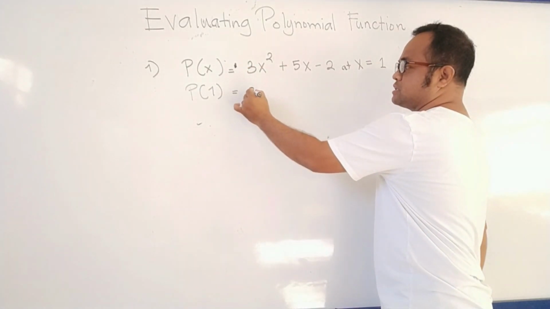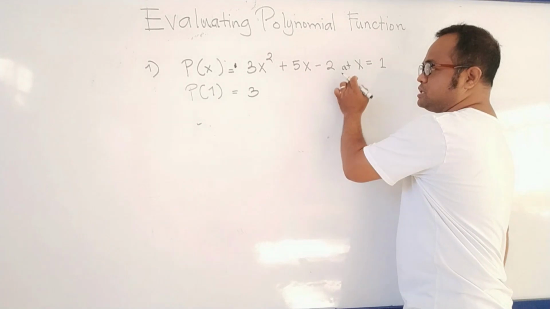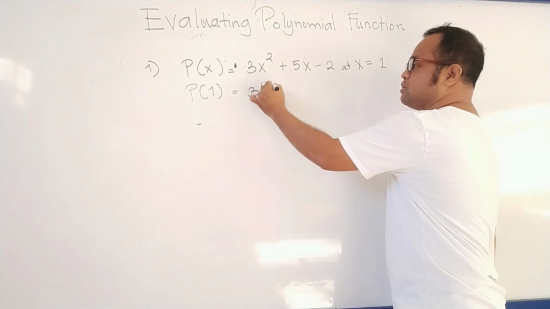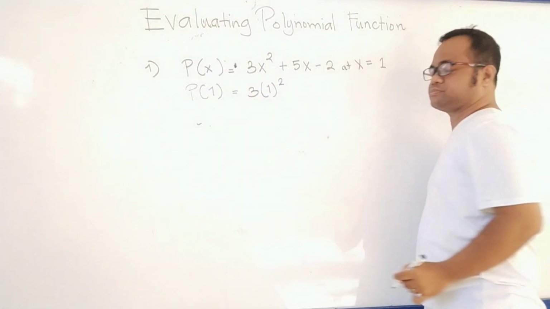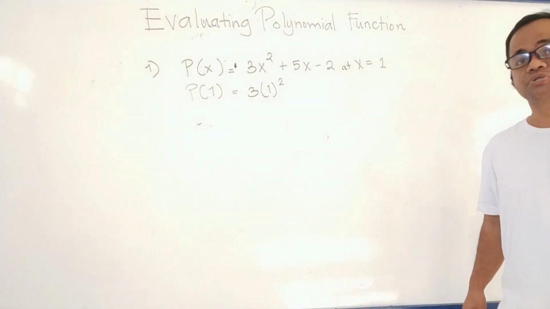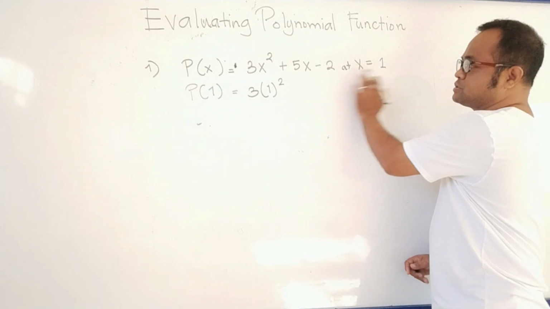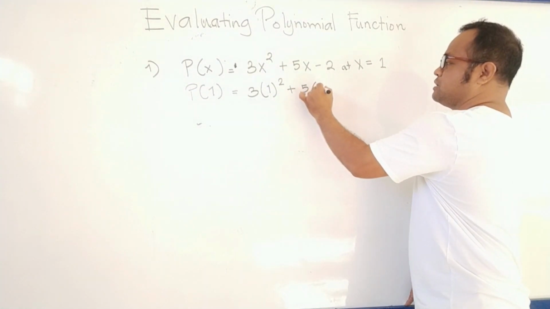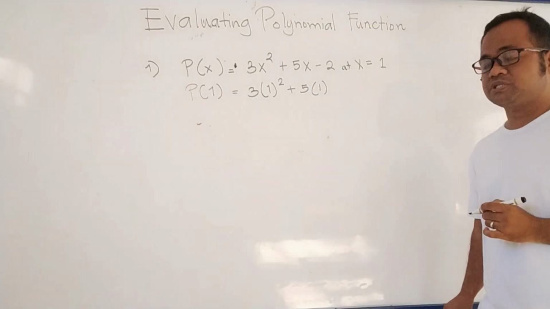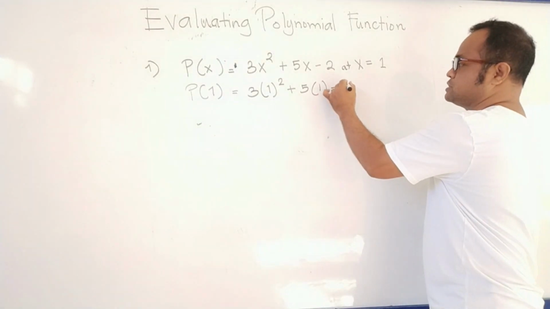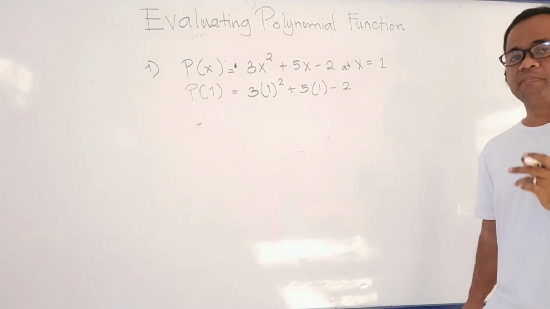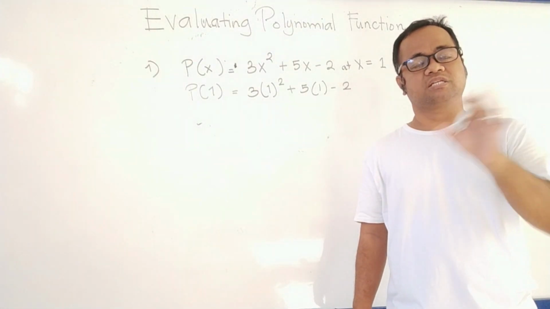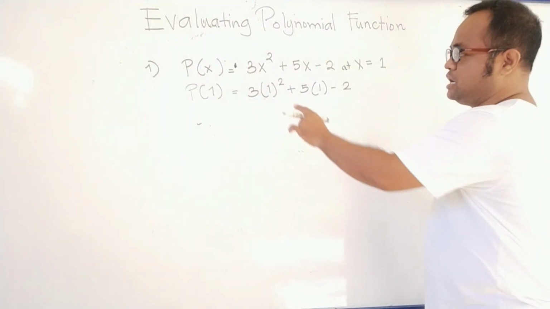So, you rewrite the expression here, 3, but instead of writing x, we write 1. We just simply substitute the value of x, which is 1, plus 5 times 1, which is your x, minus 2. Then, apply your knowledge in solving series of operations. Okay?